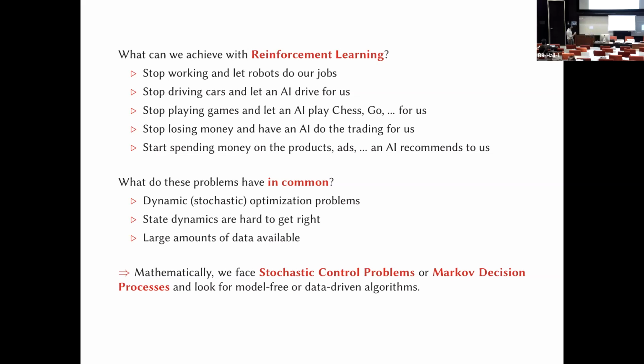Or an economist, they also like to call it Markov decision process. And we are looking for algorithms to solve these problems where we don't really have to rely on knowing the dynamics, but maybe we can do something which is more data-driven or model-free, or where we don't have to make too many assumptions on the model. So that's the setting where we live in.